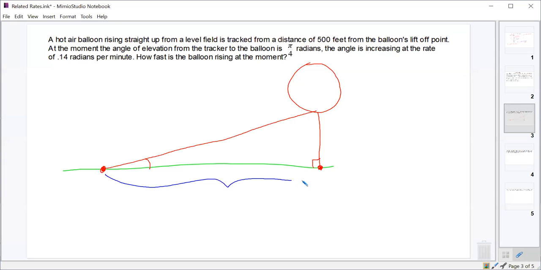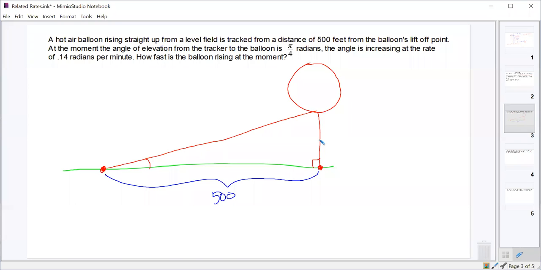All right, this is not changing, right? 500 feet from where we are standing to where the balloon took off from, not to where the balloon is, because that distance is changing. But from the takeoff point to our point is 500. That's not changing. And I already labeled this right angle. It says it's rising straight up. That right angle is not changing. Anything else that's not changing?